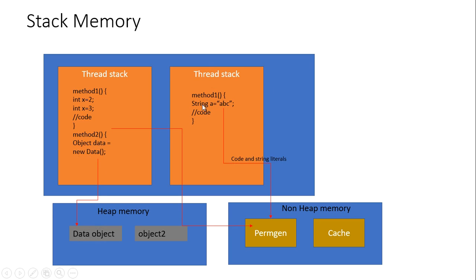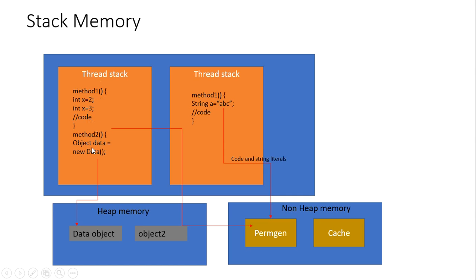Similarly, this thread stack is executing one method, where you have String a equal to "abc". This "abc" is a string literal, and this literal is stored in the permgen. So this thread stack will contain your method execution data; wherever there are method local variables and object references, those will be stored in the stack memory.